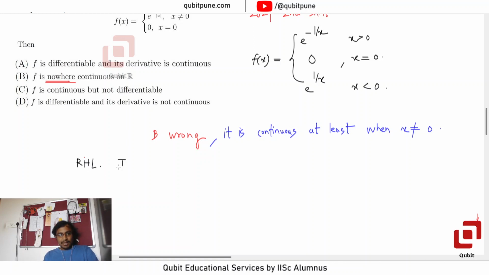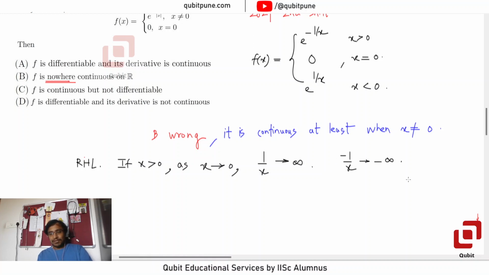Now if x is positive, as x tends to 0, what happens to 1 upon x? 1 upon x tends to infinity. What will happen to negative 1 upon x? Negative 1 upon x will tend to negative infinity, and therefore e raised to negative 1 upon x will tend to 0. Okay, have you understood this?